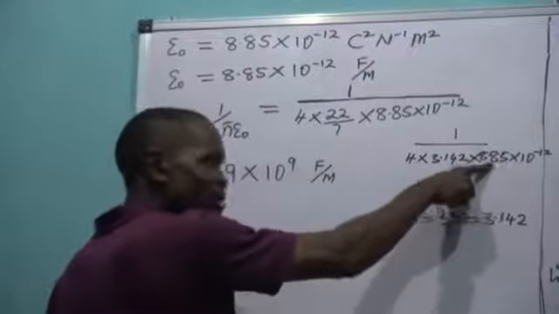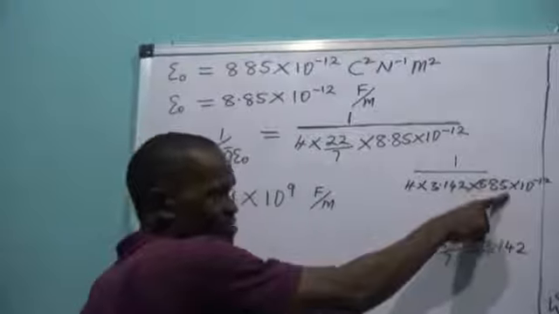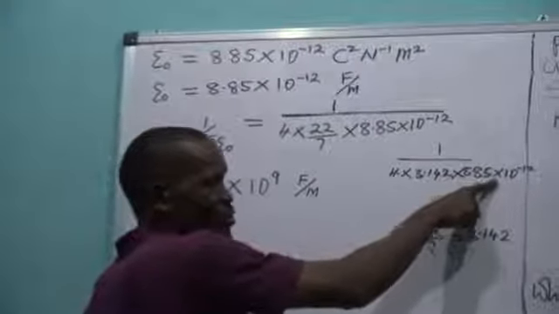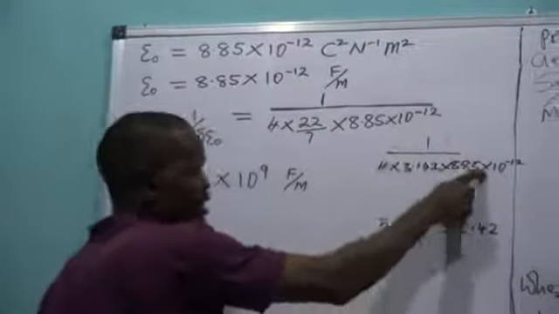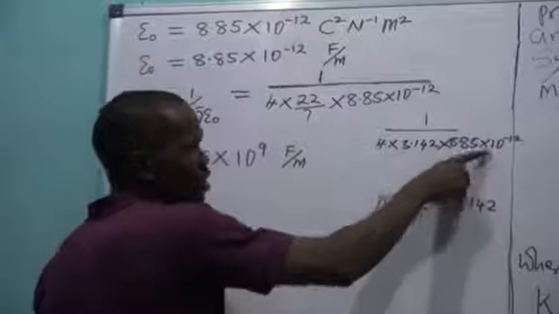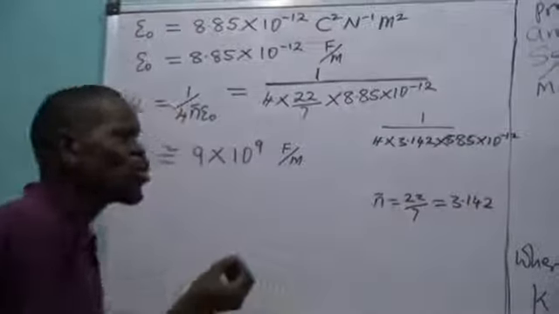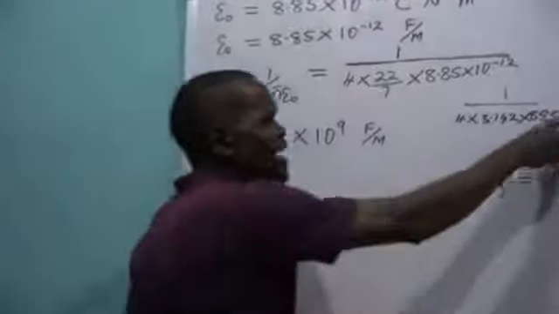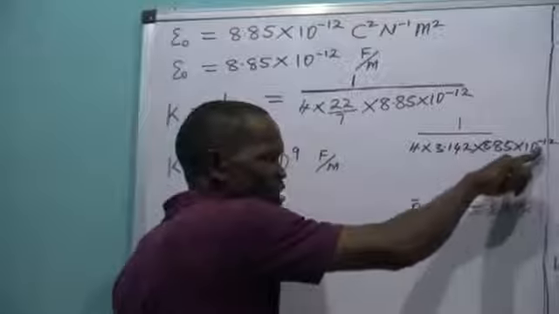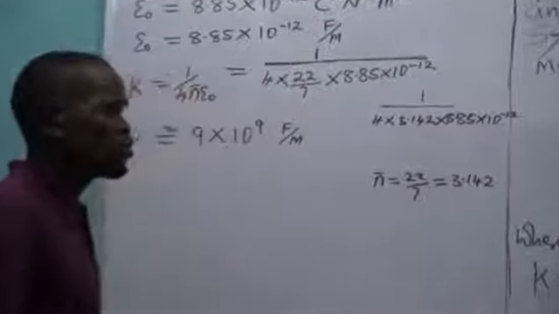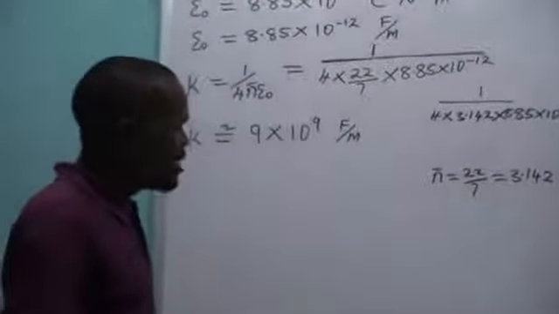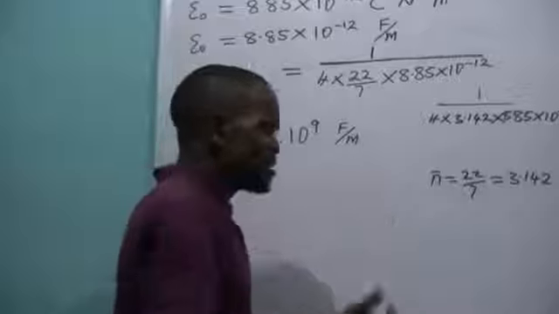After you have pressed 8.85, press shift, then press log. You will see a small 10 appear. Press minus 12. Then you press equals to.